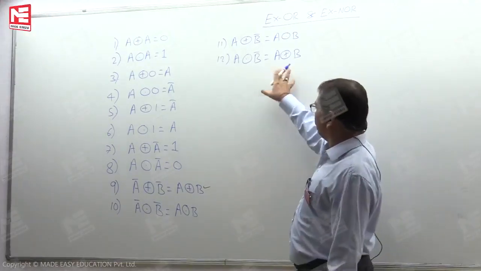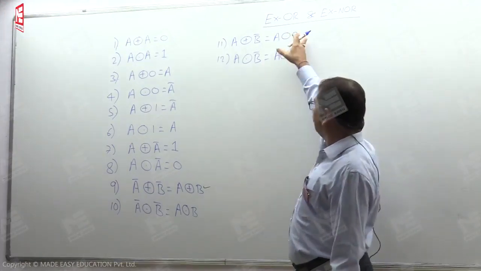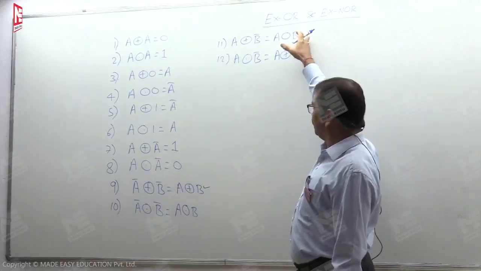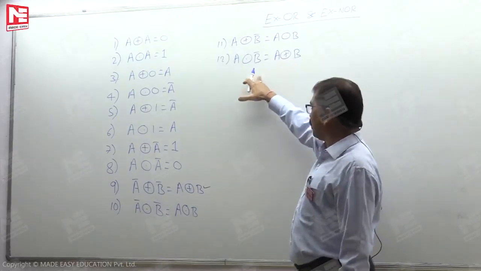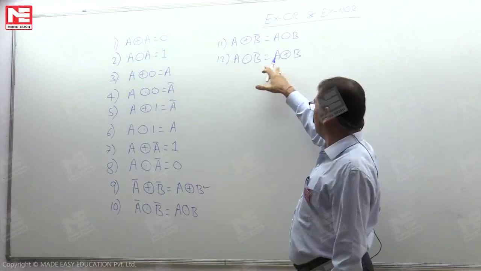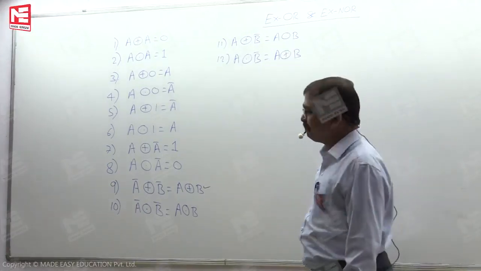But hopefully that is not the case. You can do it on your own. Extending the same work we did earlier, you will have the conclusion A XNOR B bar is equal to A exclusive OR B.